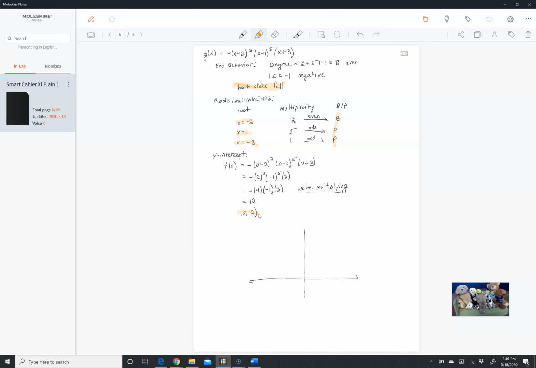I'm going to spread these roots apart a little bit. Here's our x. Here's our y. So we mark off the roots first. So x equals -2.